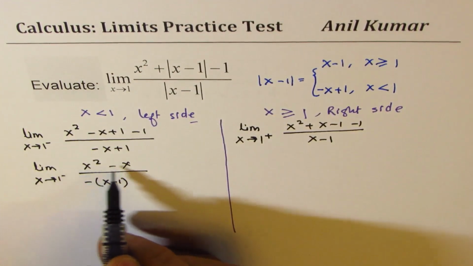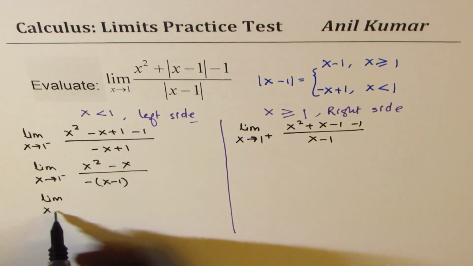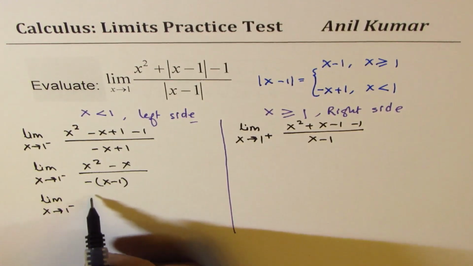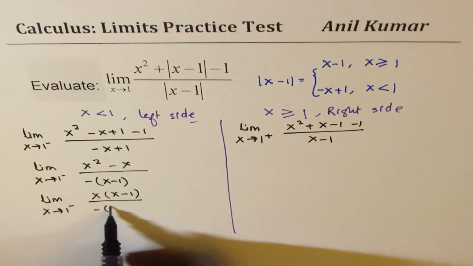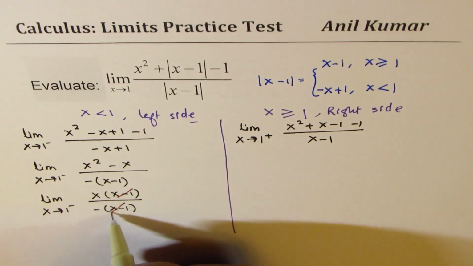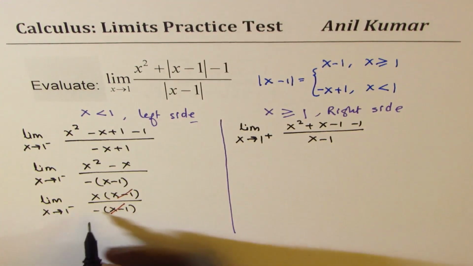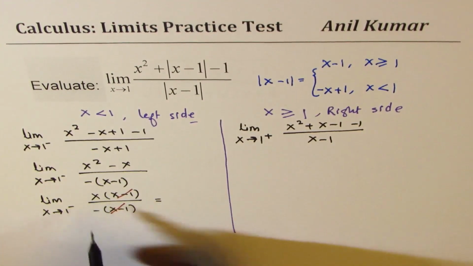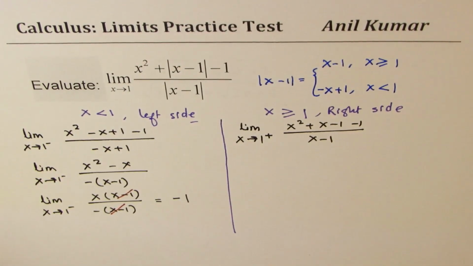Now in the numerator, we can also take x common, so we get x times x minus 1, and the denominator is minus times x minus 1. Now x minus 1 and x minus 1 cancel, and if I substitute 1, what do I get? I get minus 1 because of this minus, correct?